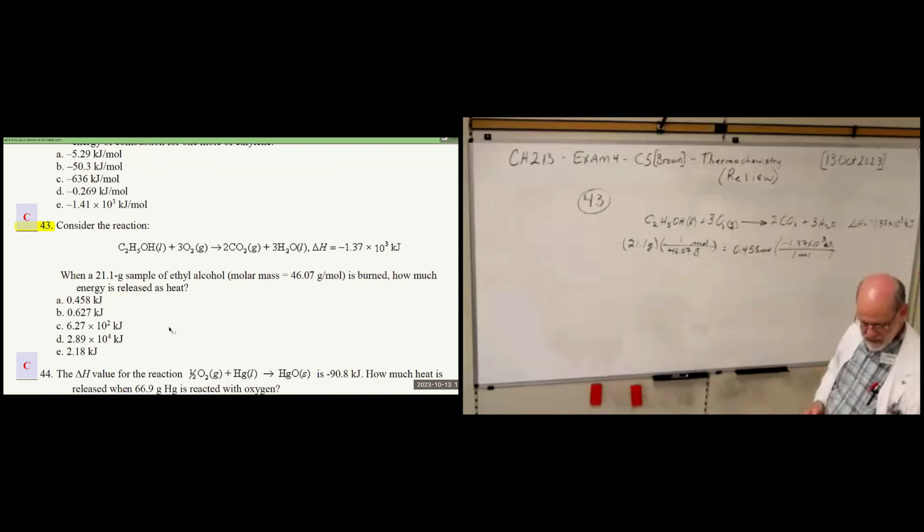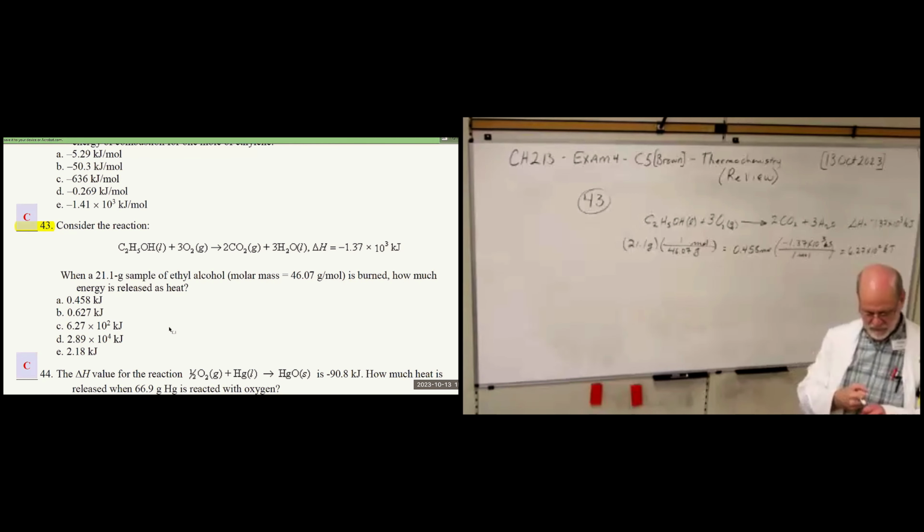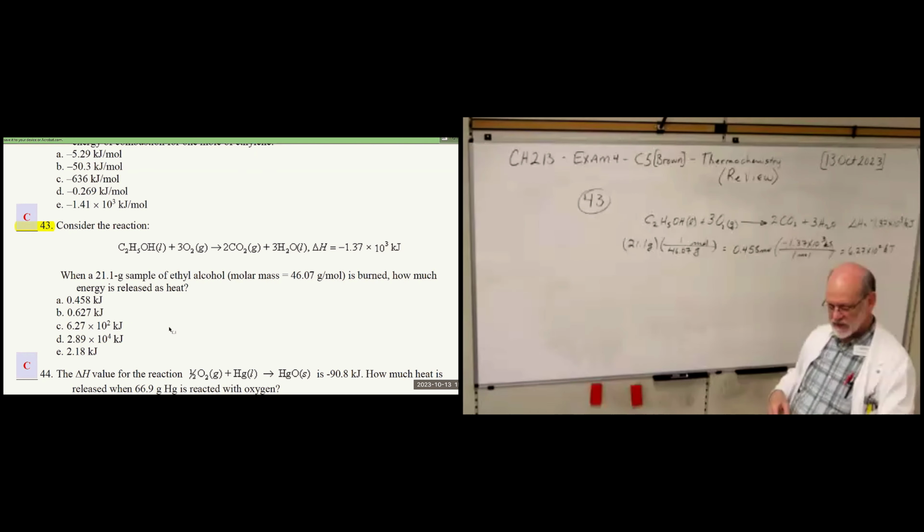And I get, scientific notation, 6.27 times 10 squared kilojoules. Is that one in there? Yeah, C. So the answer is C.